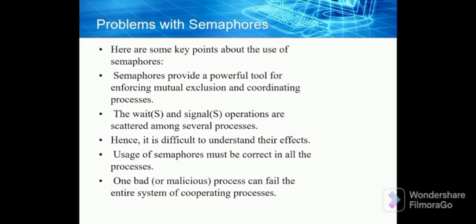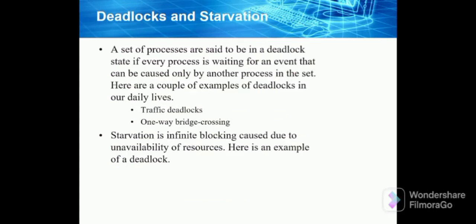One bad or malicious process can fail the entire system of cooperating processes. Deadlocks and starvation. A set of processes is said to be in a deadlock state if every process is waiting for an event that can be caused only by another process in the set.